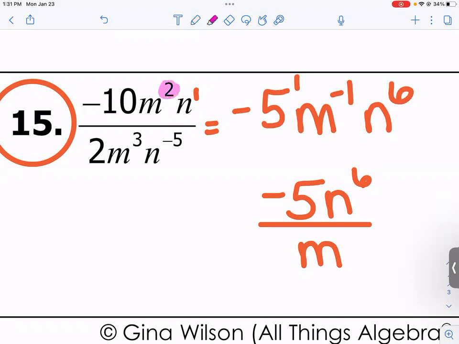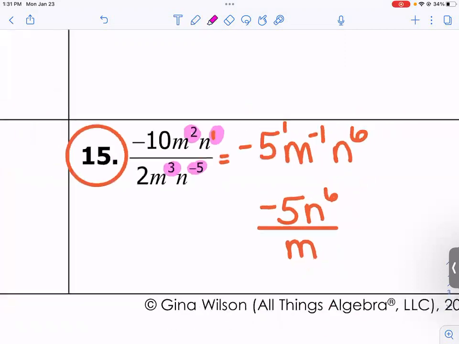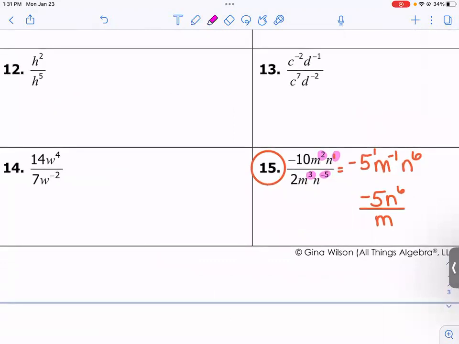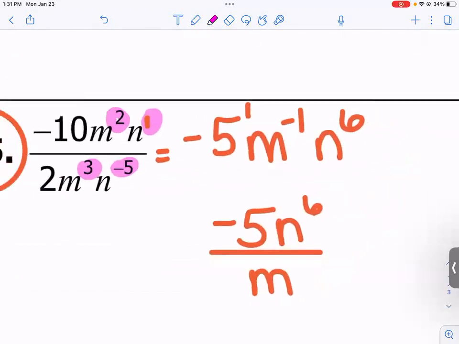So we take 2 minus 3. 1 minus -5. Well, the M has a negative exponent, so we have to move it to the basement. Okay.